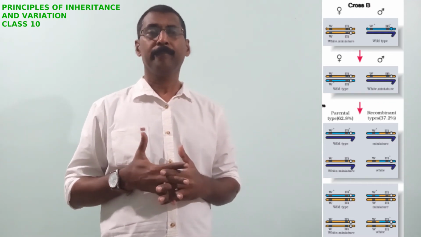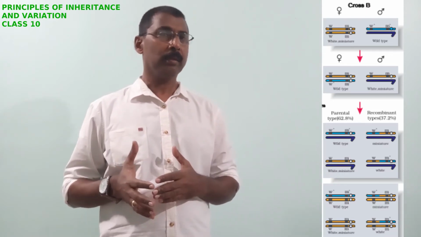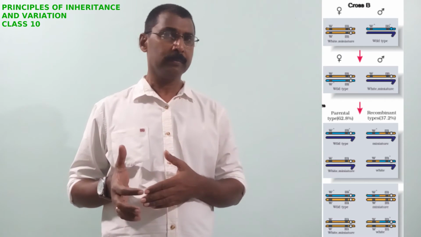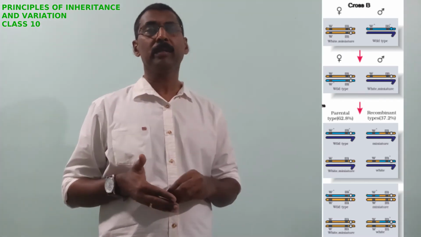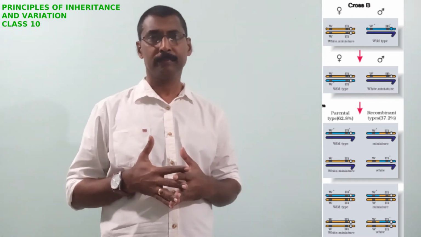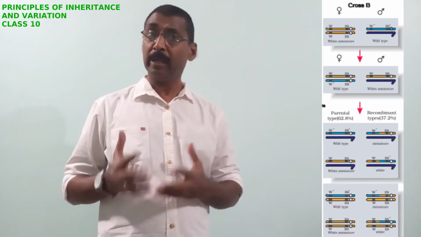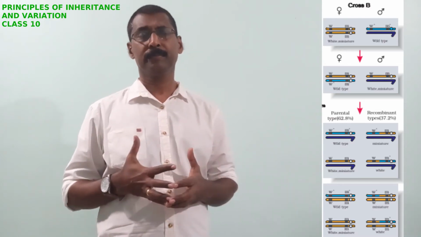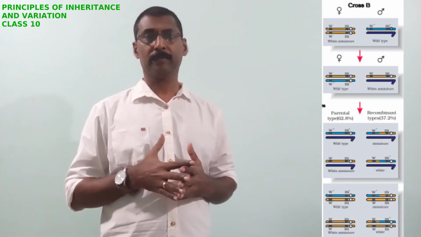Here, the white eye color is recessive. We have already seen that. And the miniature wing is also a recessive trait. The red eye is the wild type, that is dominant, and the long wing size is also the dominant feature.